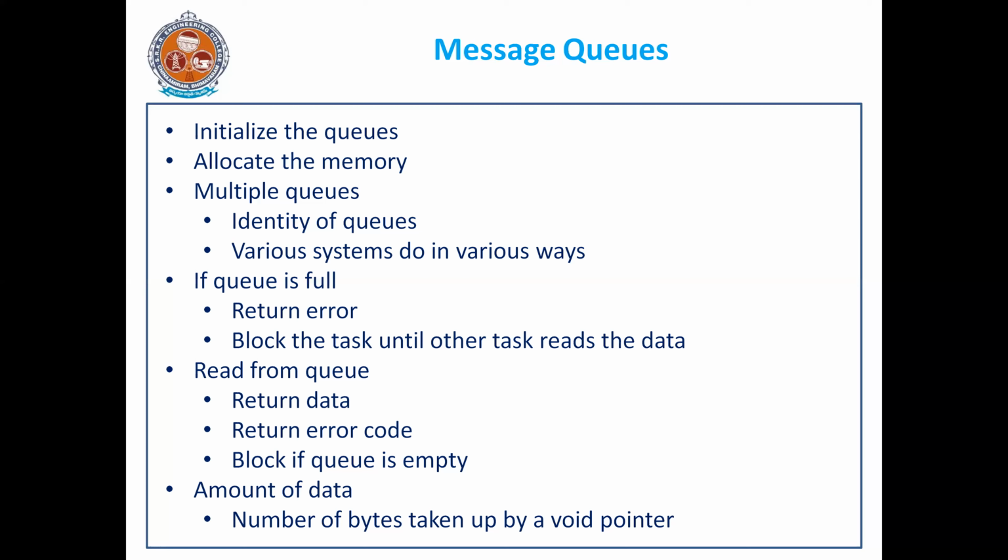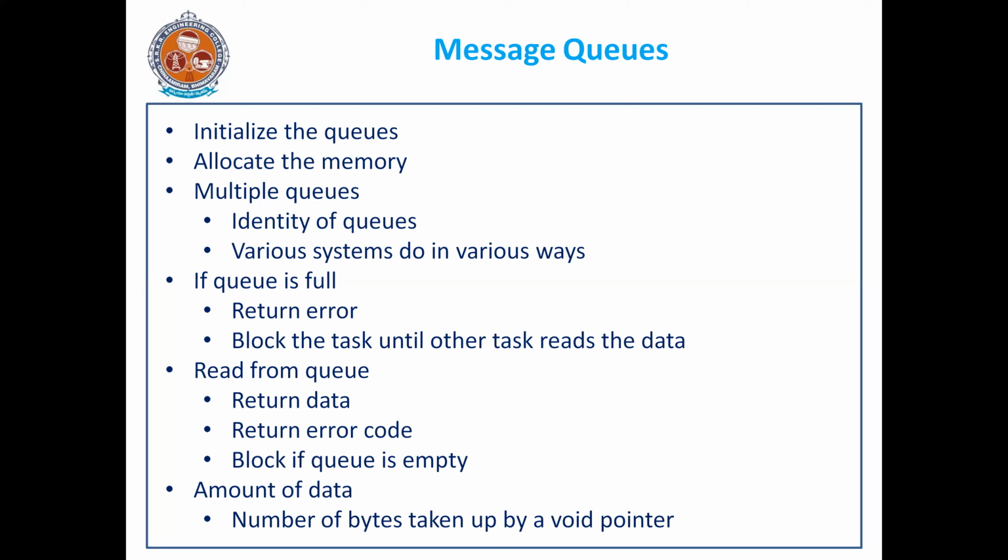One thing you have to remember is that whenever you are reading or writing onto the queue, you can get the problems of the queue being full and sometimes the queue being empty. Suppose the queue is full, this can be handled in two ways.